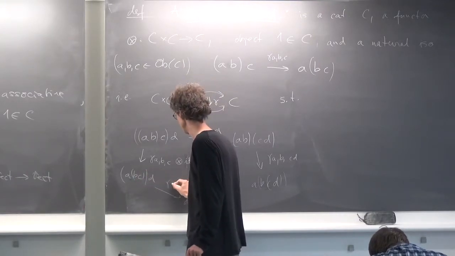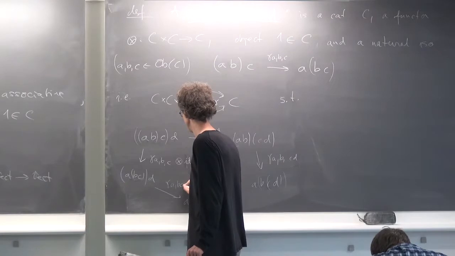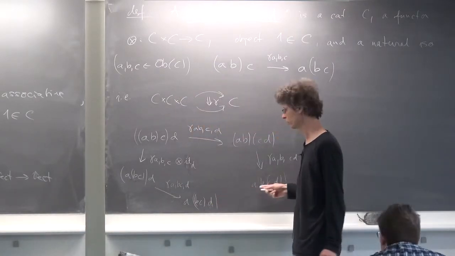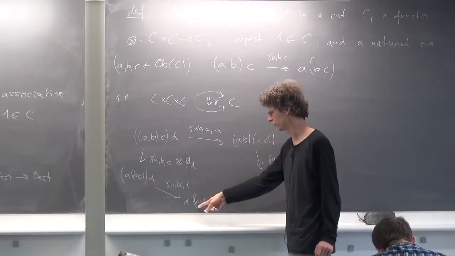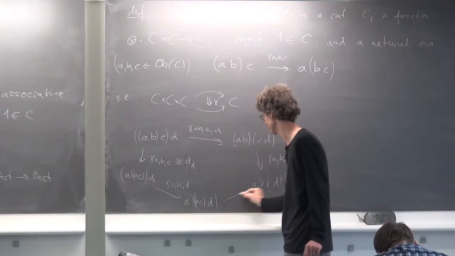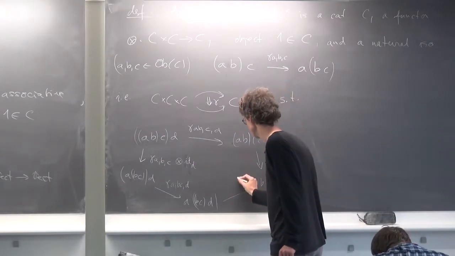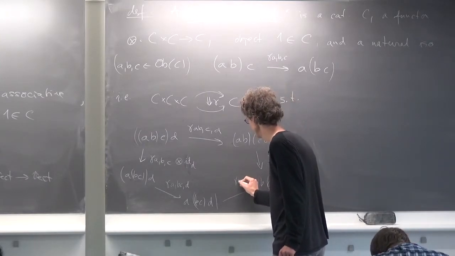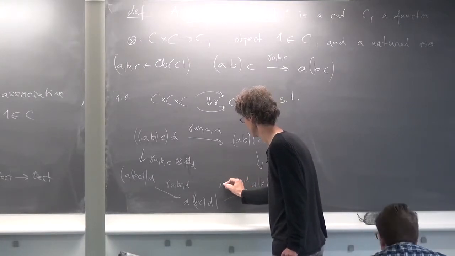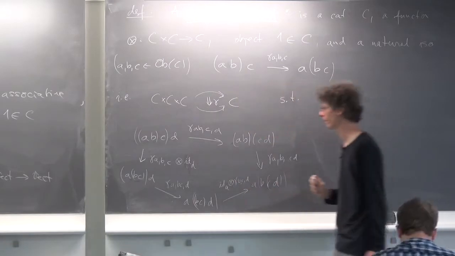So it's gamma A, B, C, D. And now you see that from here to there, we just get it with a single parenthesization for the last three things. So this is gamma B, C, D, tensor identity on A.